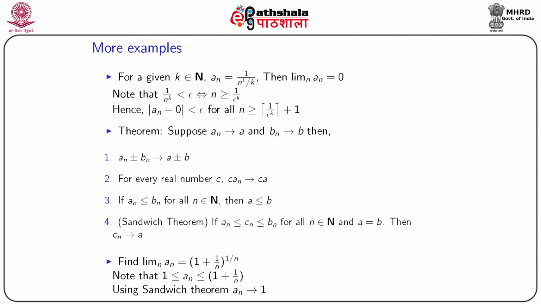The left one, that is 1, is a constant sequence, so even if I take the limit it will be 1, and the right one is 1 plus 1 over n. As I take the limit n tends to infinity, 1 over n tends to 0, so the right one also converges to 1. So using the sandwich theorem I can say that an converges to 1.